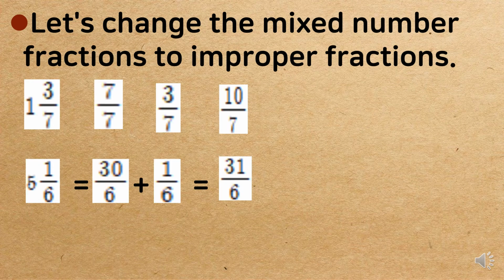Let's change the mixed numbers to improper fractions. 1 and 3 over 7 equals 1 is the same as 7 over 7 plus 3 over 7 equals 10 over 7. 5 and 1 over 6: 5 is the same as 30 over 6, plus 1 over 6 equals 31 over 6.